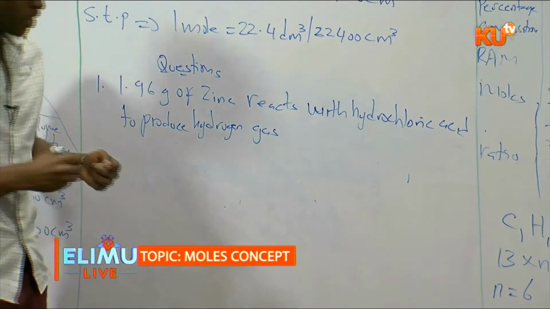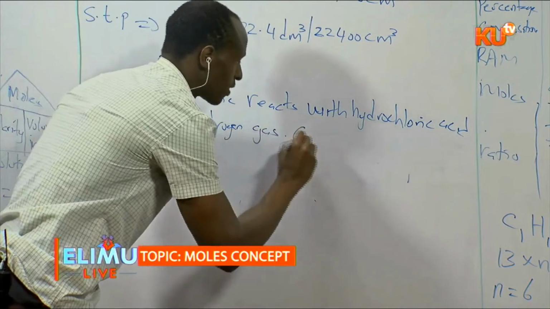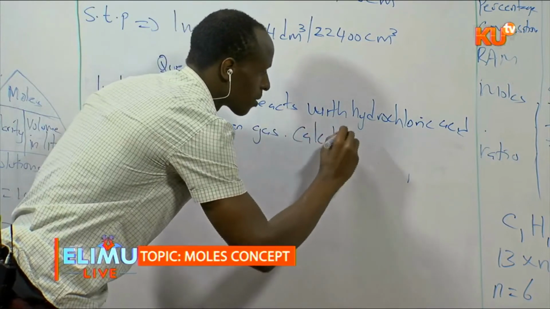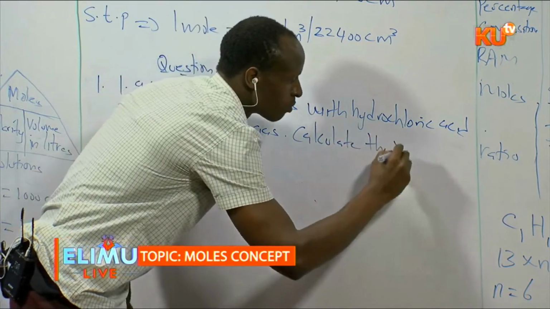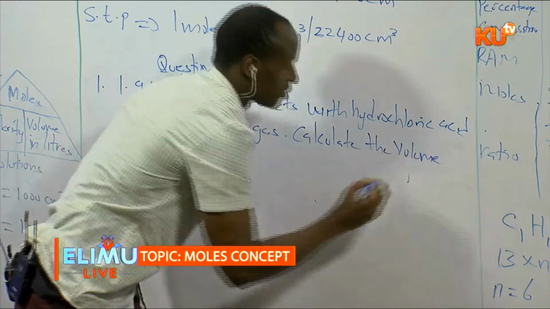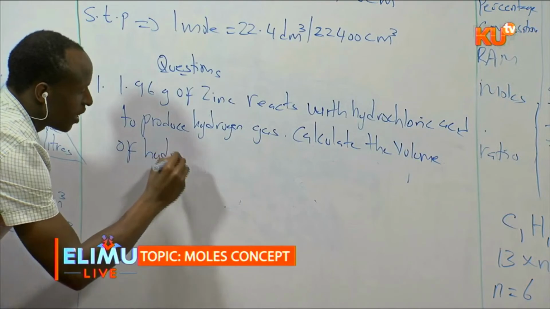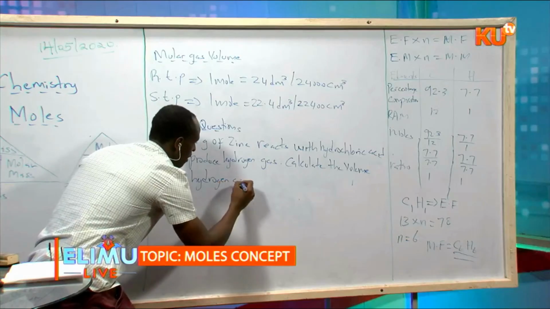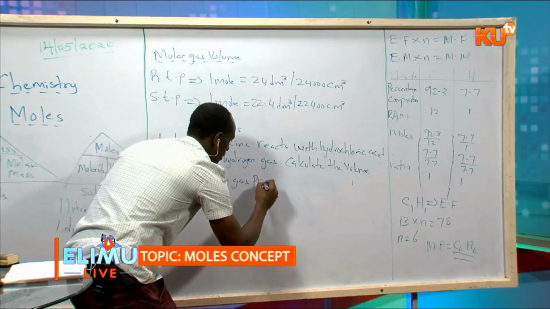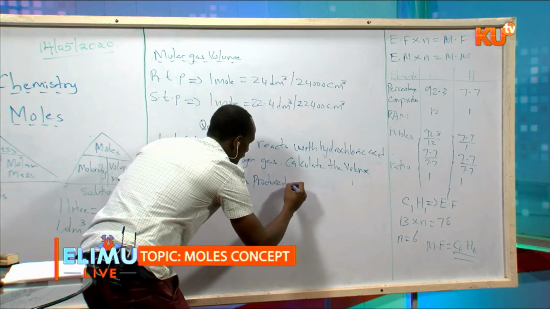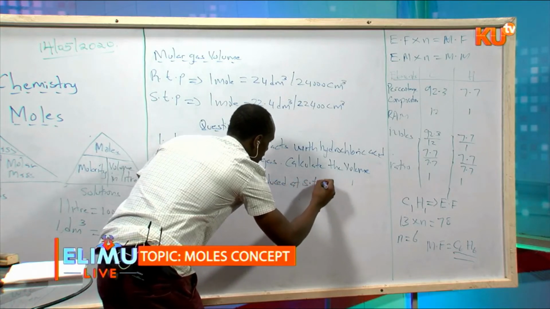Calculate the volume of hydrogen gas produced at STP.